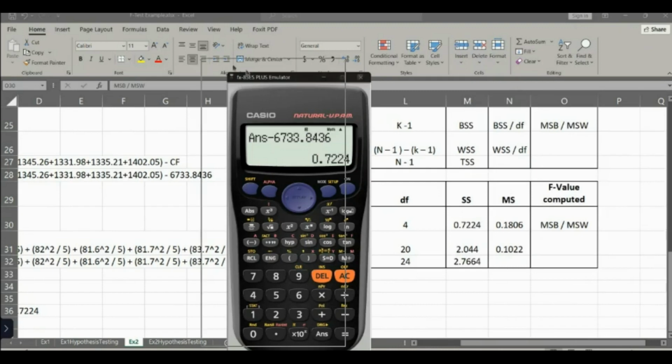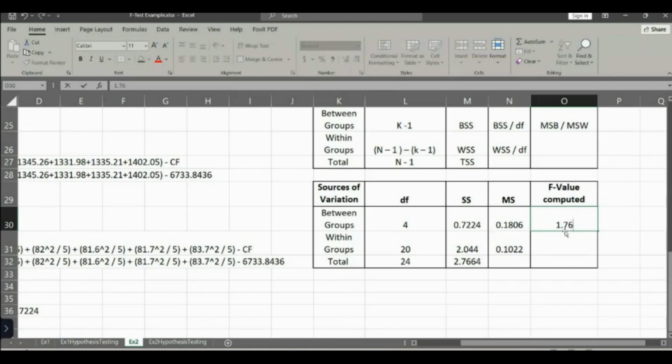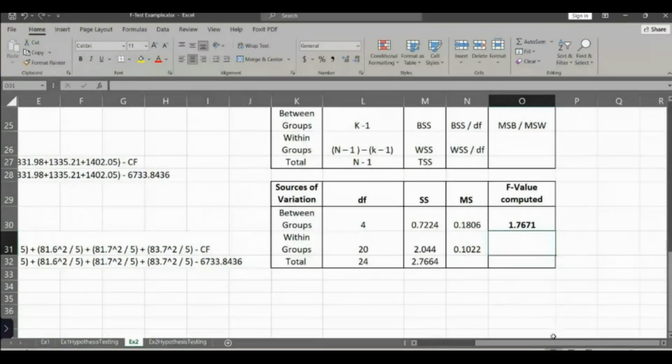Ilan? 0.1806 over 0.1022. We have 1.7671. Please confirm, do you get or did you get the same result? Yes po. Yes, sir. Okay, so that's it.